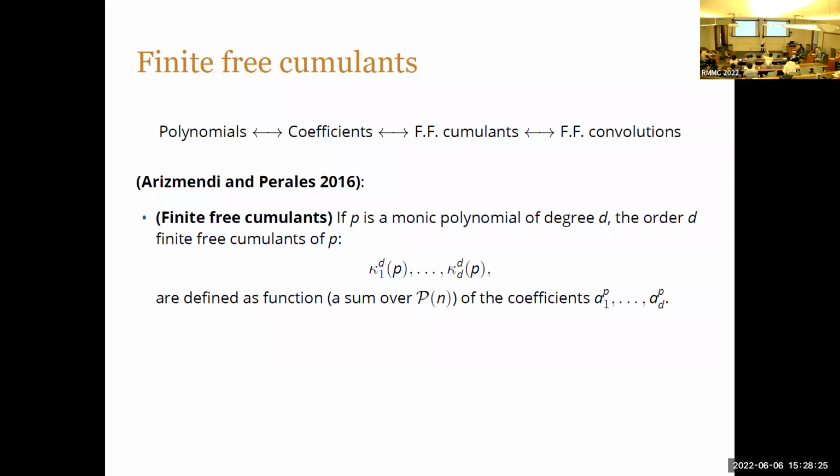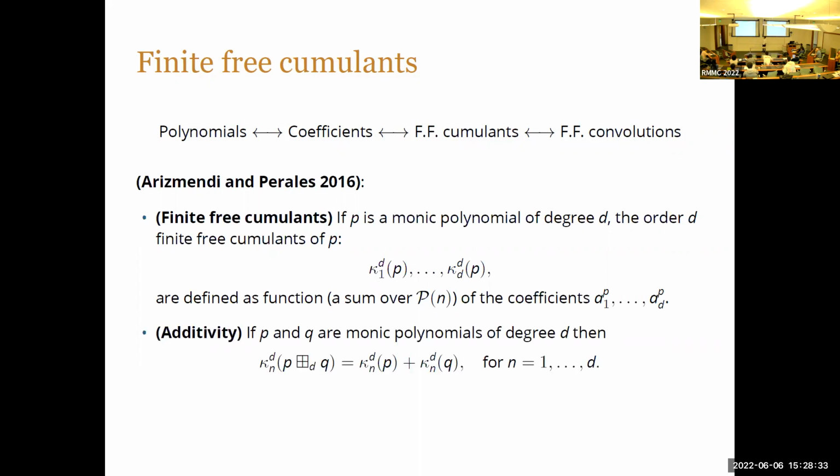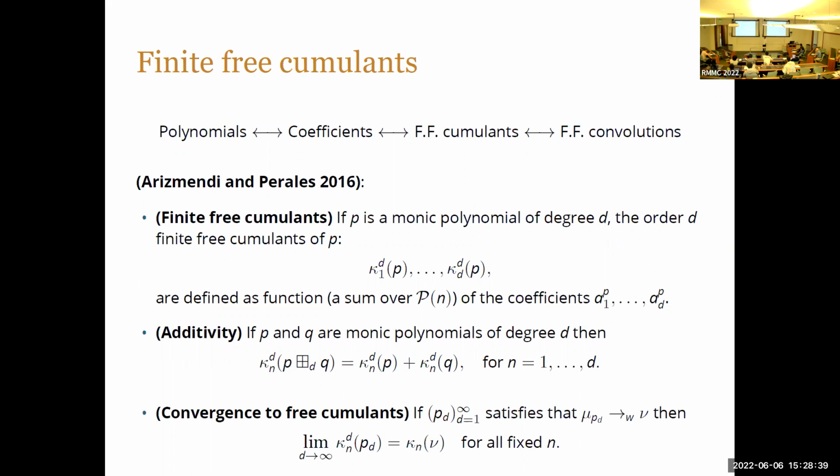What that function is maybe not so relevant right now, but it's some sum over the set of partitions. And of course, they satisfy that they linearize the additive convolution. And there's this very nice property that they converge to the free cumulants.